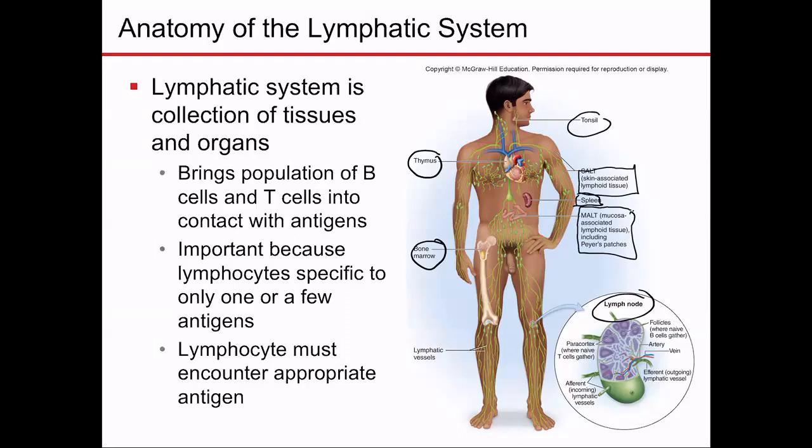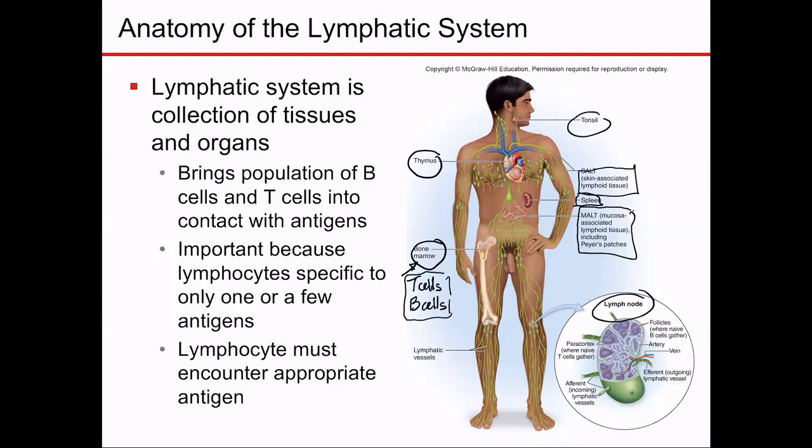And in the case of the bone marrow, it is where many of the cells of the immune system will be generated, including the T cells and the B cells. So both these cells will be produced in the bone marrow.